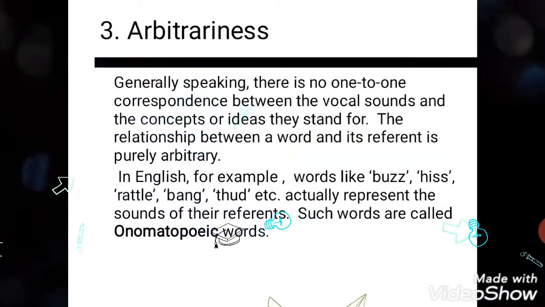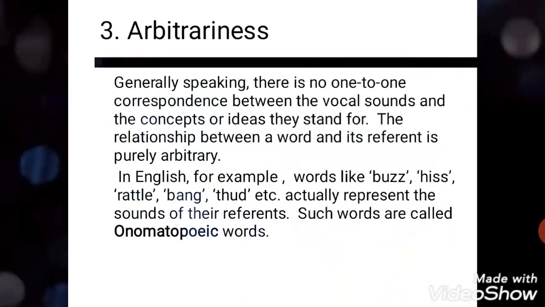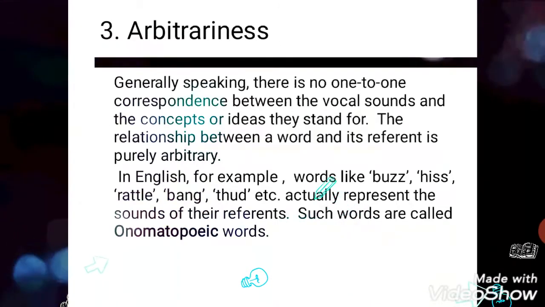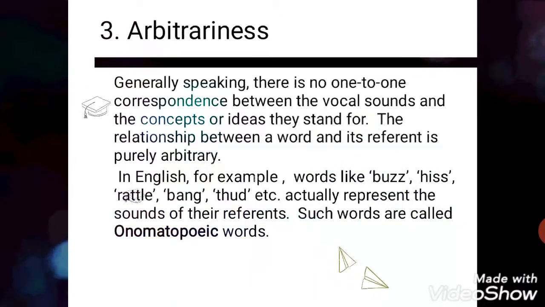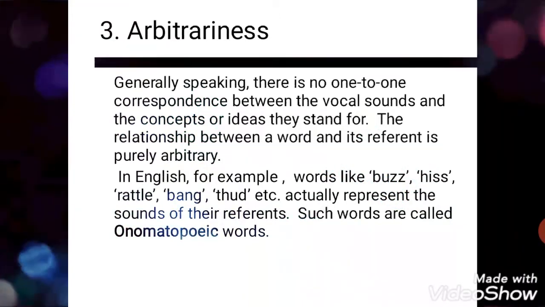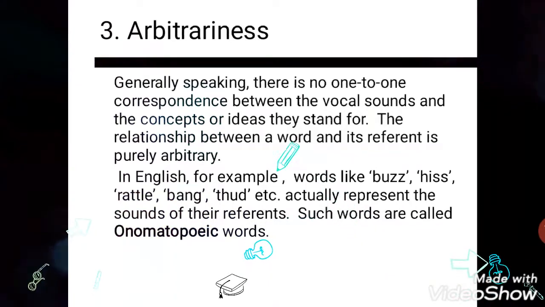There are a few exceptions to this feature of language. A few words are representational in nature. In the last class we discussed onomatopoeic words. So these are exceptions to the feature of arbitrariness. So remember that.